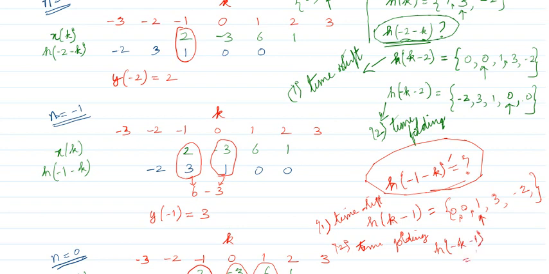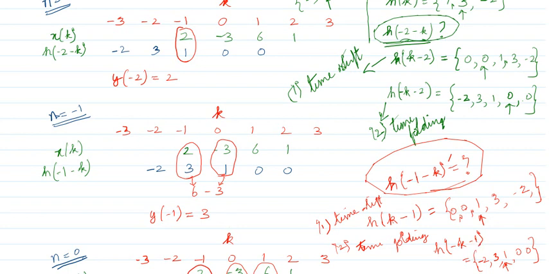Positive time will come to negative, negative will come to positive. So this 3 and minus 2, which is in positive time, will come to the negative time. So 3, minus 2, 1. So this is your h of minus k minus 1.